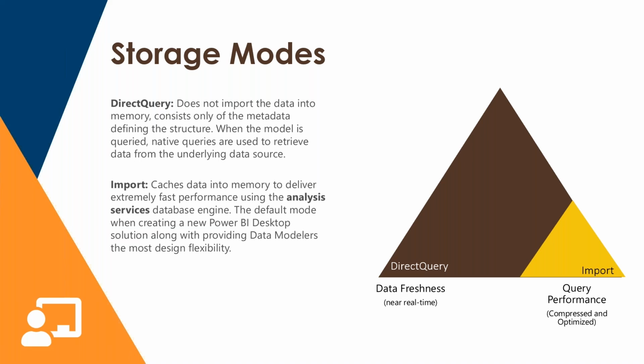And direct query works by not caching the data. It doesn't import it to memory at all. And instead, Power BI kind of remembers the directions on where to go to get the data.